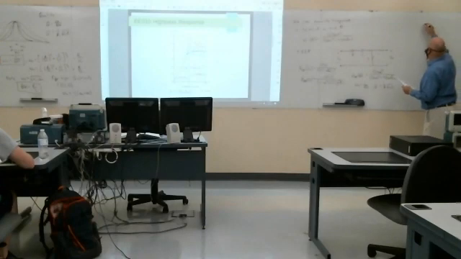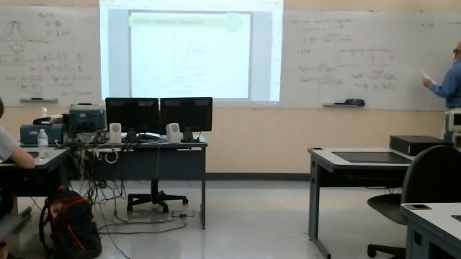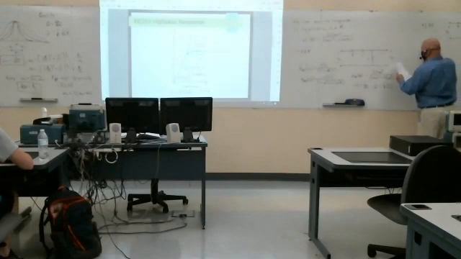Low pass filter. I think I mentioned this one already. We just have to swap the inductor and the capacitor: C, L, R. I'm just going to give you the result.